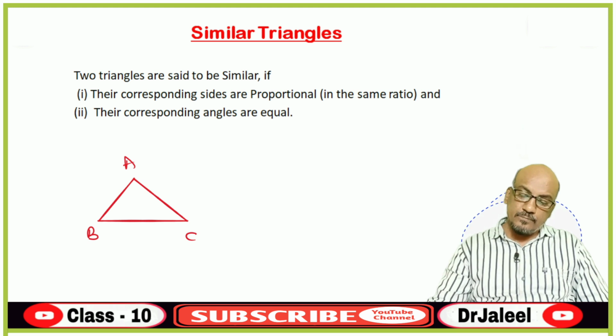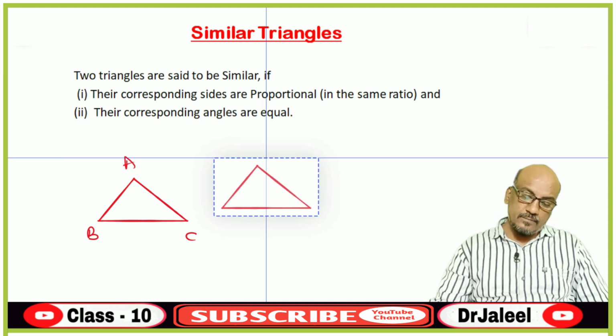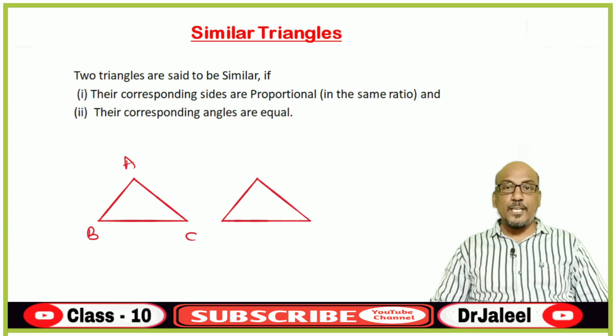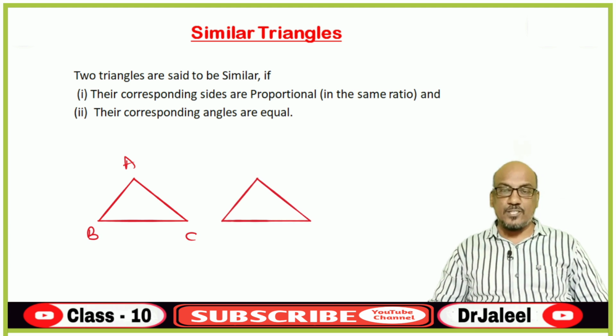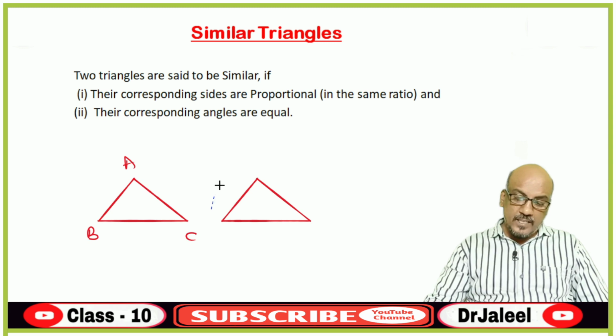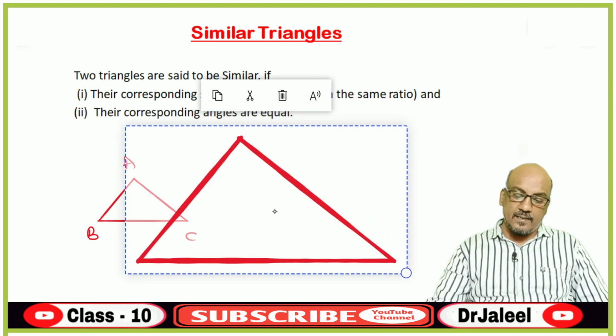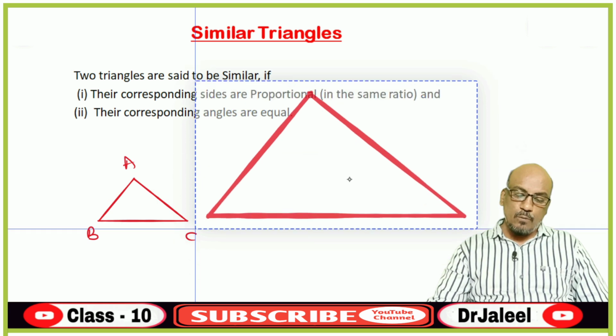Pasting it and bringing it here. So children, both the triangles now are equal in size. I didn't touch it. But suppose if I enlarge this triangle this way, what happens?